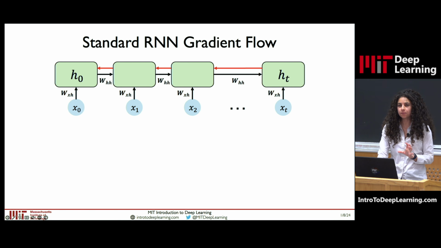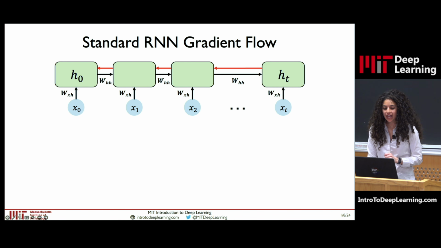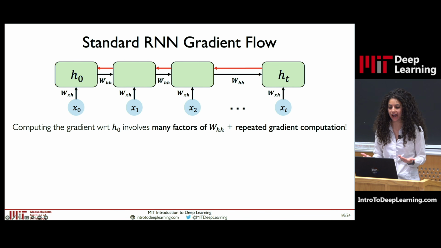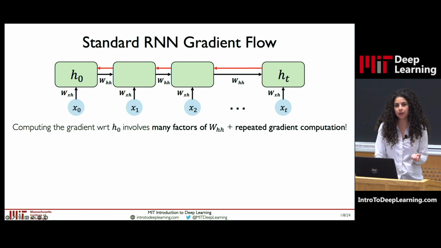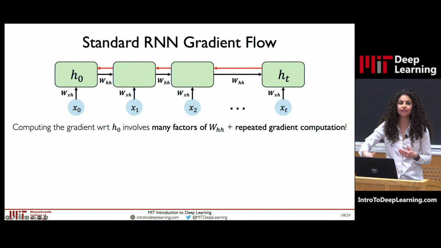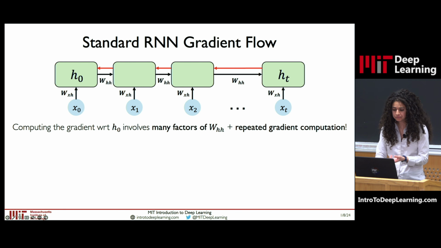Now, you could maybe see why this can get a little bit hairy. If we take a closer look at how this computation actually works, what backprop through time means is that as we're going stepwise, time step by time step, we have to do this repeated computation of weight matrix, weight matrix, weight matrix, weight matrix, and so on.